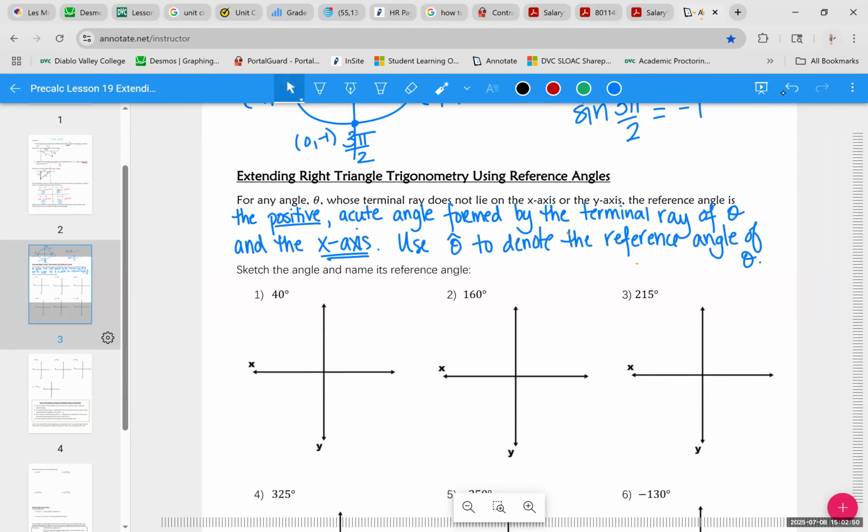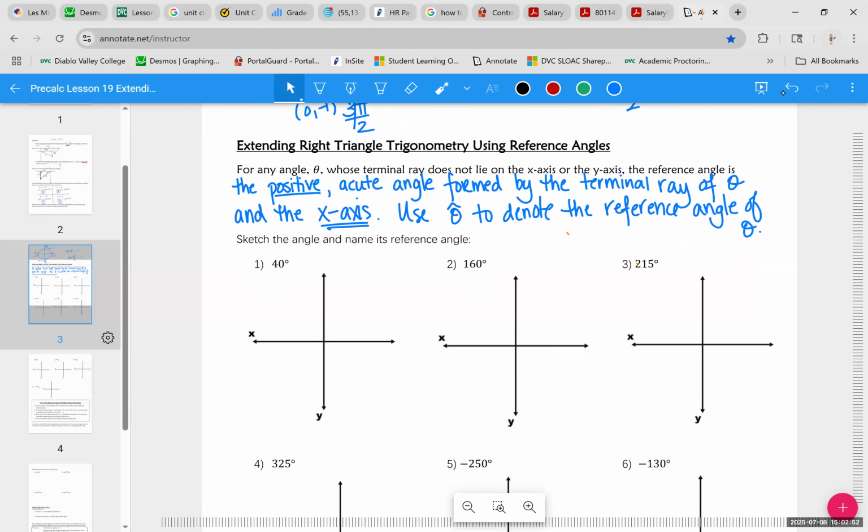All right, so we're going to start by just drawing some angles and finding their reference angles. We're going to sketch the angle and then we're going to name its reference angle. So the first thing we're going to do is find 40 degrees. Well, that would be in the first quadrant. Okay. So there's 40 degrees. I'll label it like this. Okay.